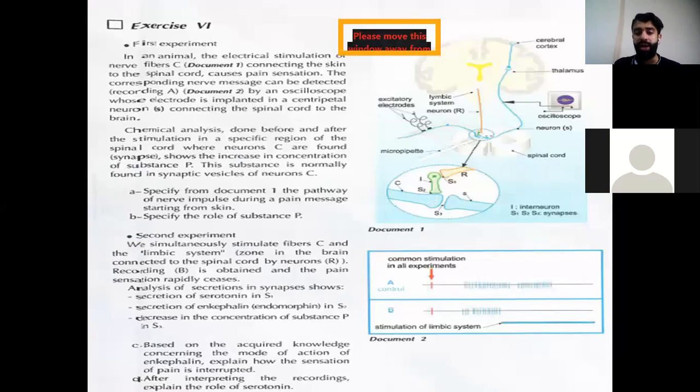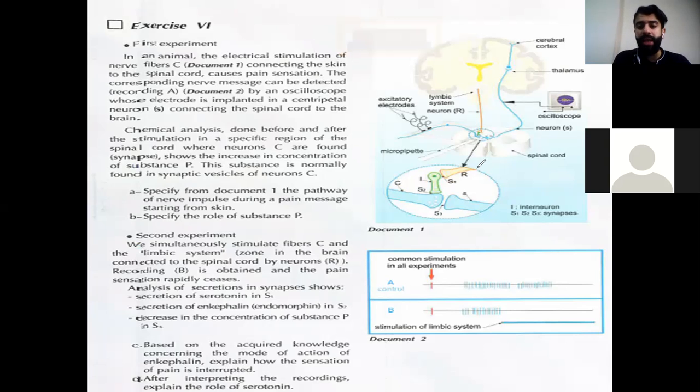So neuron R secretes serotonin, which stimulates the neuron I to secrete the enkephalin, which is the analgesic, and it inhibits partially the exocytosis of SC3. So when we stimulate both the limbic system and the nerve fiber C in this experiment, what did the neuron R do? It has a role.